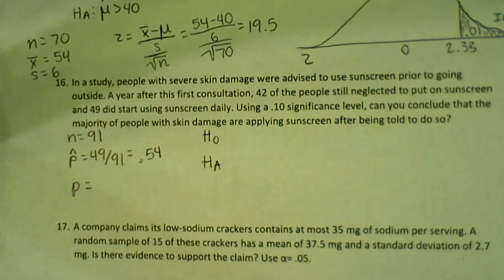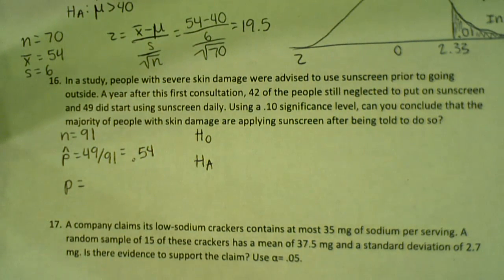Does it tell us what that is, if we look in the problem? The 42? Those are the people within the sample that don't actually apply it. We want to find the success rate of the population.